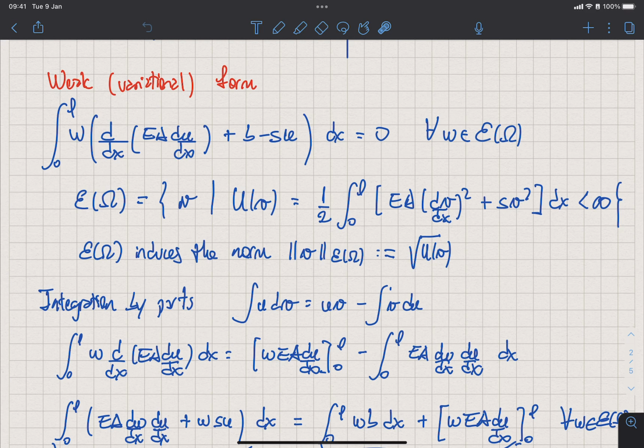Think about the dot product between two vectors as an analogy, right? If I have two vectors and I want the dot product to be equal to zero, those two have to be orthogonal, right? Well, something similar is happening here. If I take w and I take this differential equation and I say that those have to be equal to zero, that basically means that this guy here has to be orthogonal, in the sense of function spaces, to that subspace that is composed by all w's, okay?